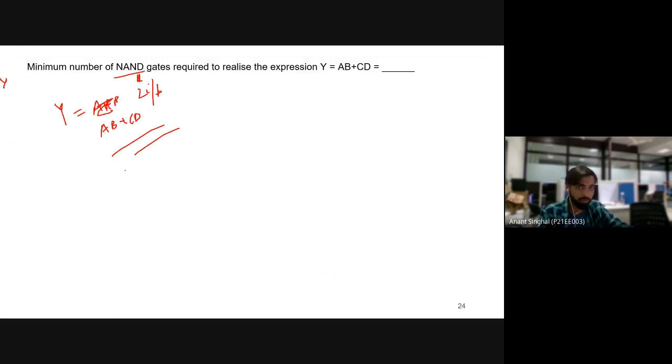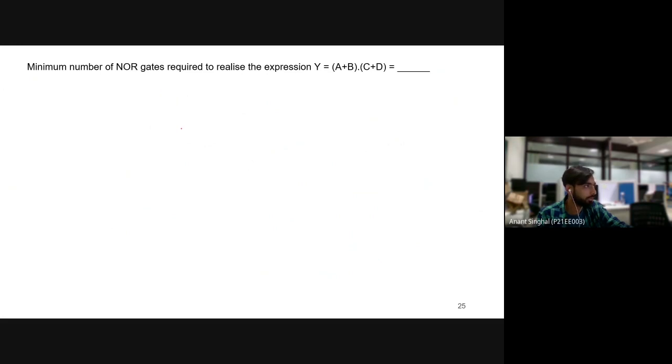So you can note down these questions. So you need to tell me the minimum number of NAND gates you require to realize this expression, which are two input NAND gates. Then the next question is minimum number of two input NOR gates required to realize A plus B into C plus D. I did cover one topic which is known as AND OR implementation in the last week also.